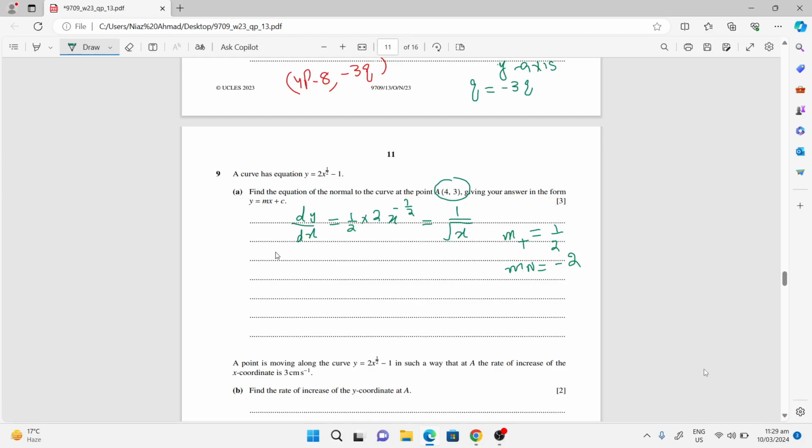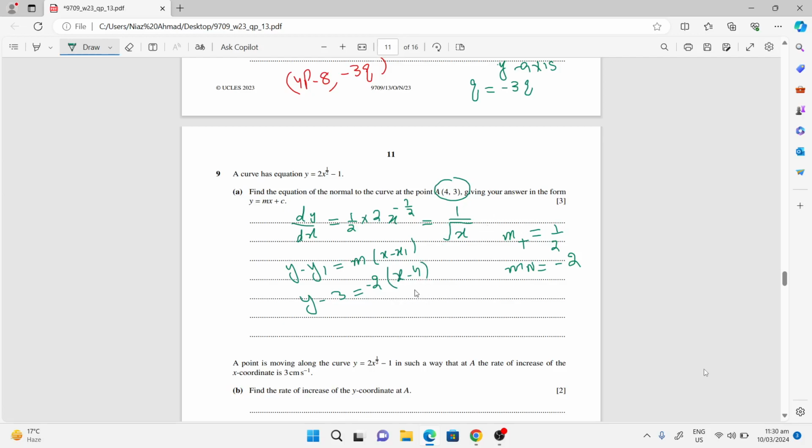Now we can directly apply the equation. What is the equation of the normal? This is y minus y1 equals m into x minus x1. So it's y minus 3 equals gradient of normal, that is negative 2, into x minus 4.